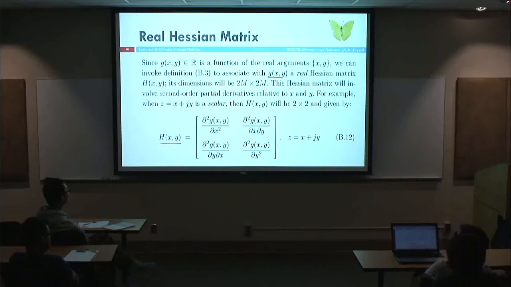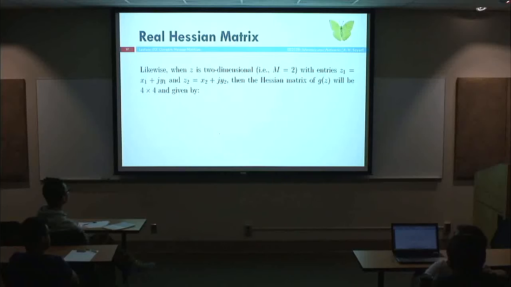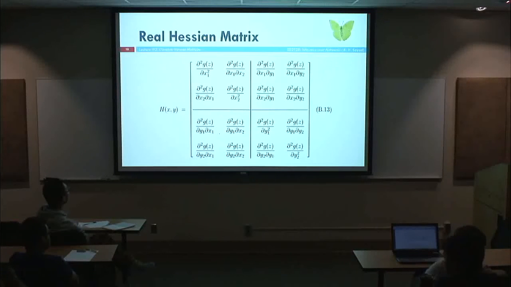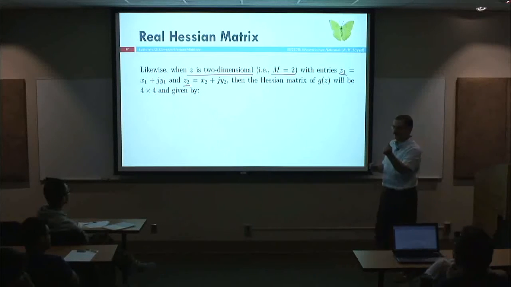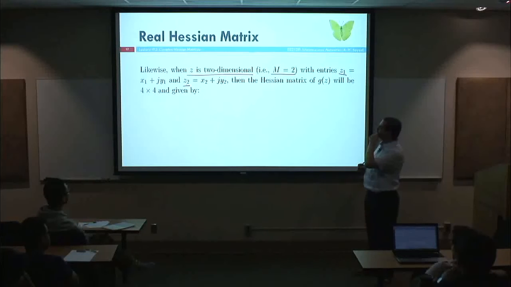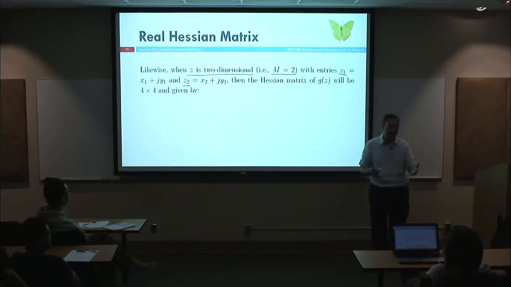Okay. This is another example. What if z has dimension 2? So you have a z1 and a z2. So in the real case, I now have 4 variables, right? x1, x2, y1, y2. So the Hessian matrix will now be 4 by 4, 2m by 2m, right?